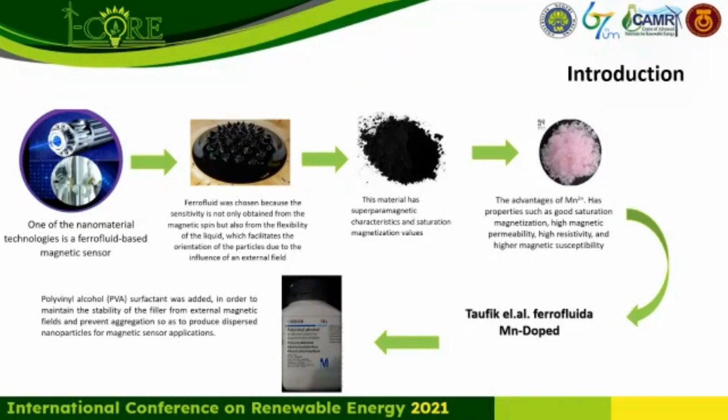It is necessary to add a surfactant in order to maintain the stability of the filler from the external magnetic field and prevent aggregation, so as to produce dispersed nanoparticles for magnetic sensor application.